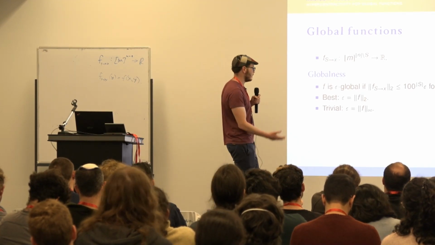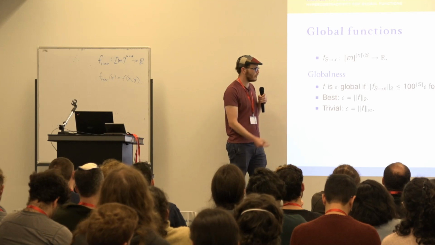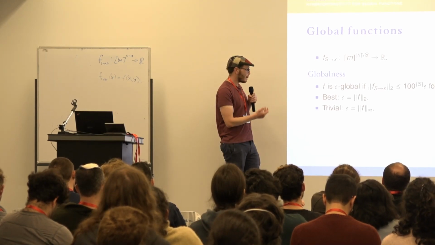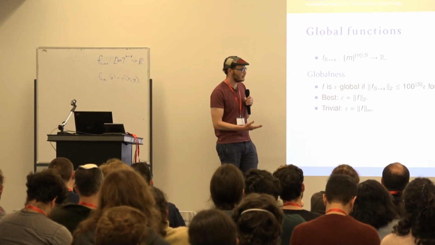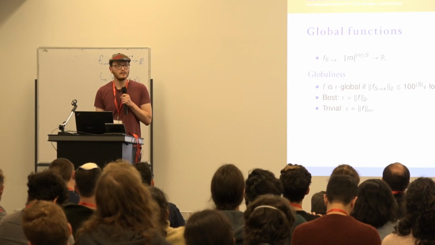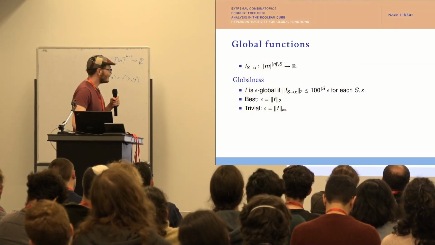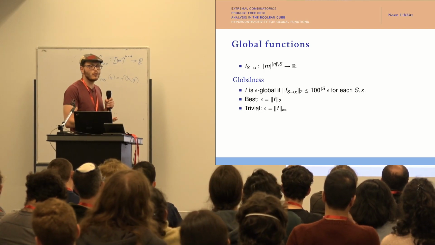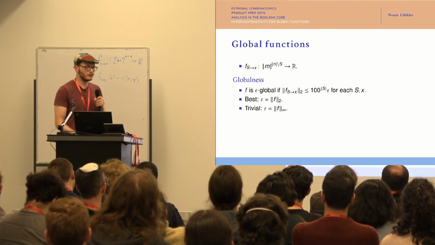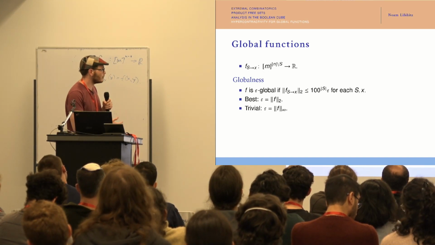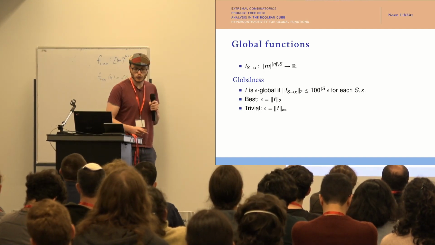The best epsilon you can take is the 2 norm of f, because you can in particular take the empty set. And the trivial epsilon to take is the infinity norm. If you take epsilon to be the infinity norm, then it holds for all functions. And it turns out that in the Boolean cube, you can actually always take epsilon to be the 2 norm of f, and it's true for all functions. That's why this notion of globalness only comes up when you move to other settings. In the Boolean cube, every function is 2 norm global.